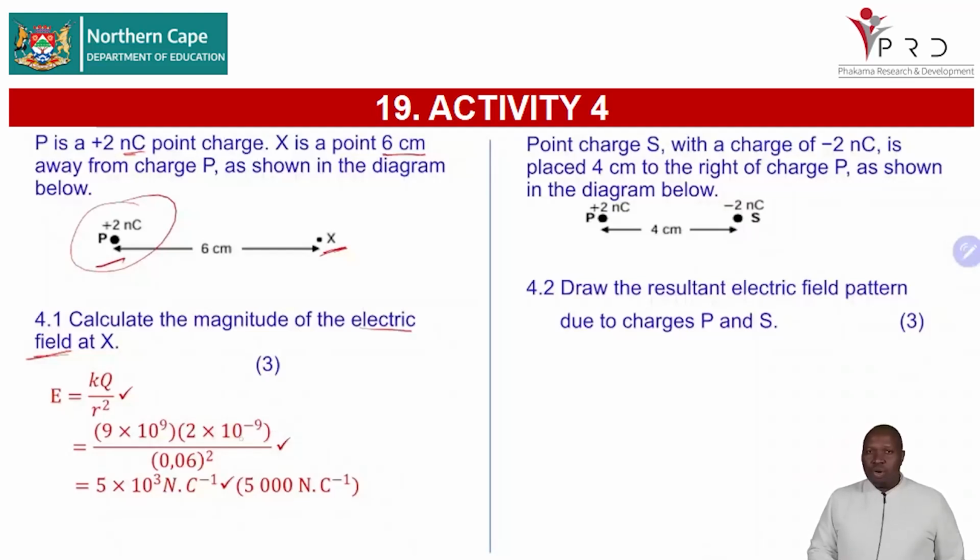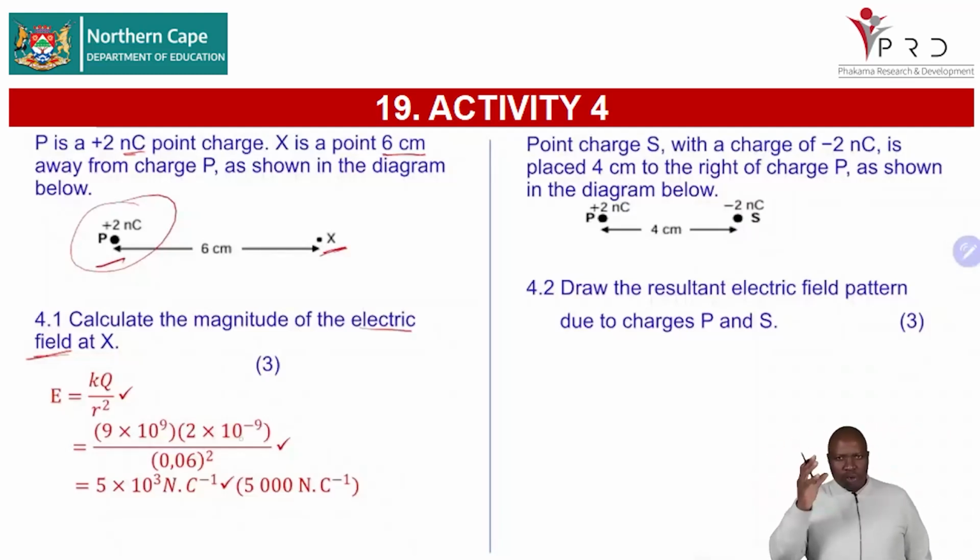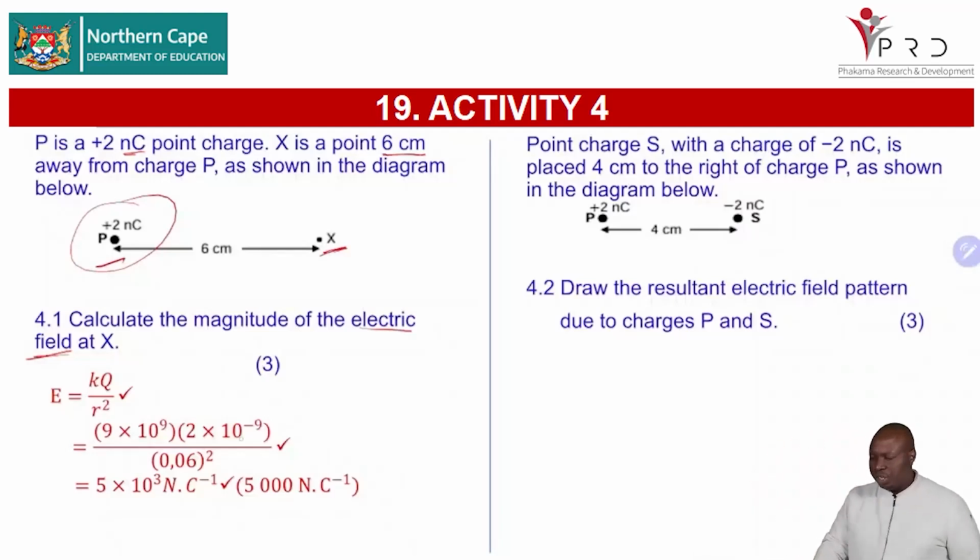If it was microcoulomb, you will say 10 to the power of minus 6. If it was picocoulomb, you will say 10 to the power of minus 12. So please always know the conventions of these SI units. And for your centimeters, you divide by 100.